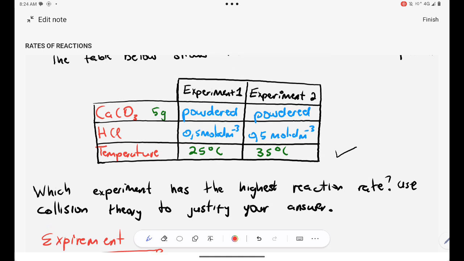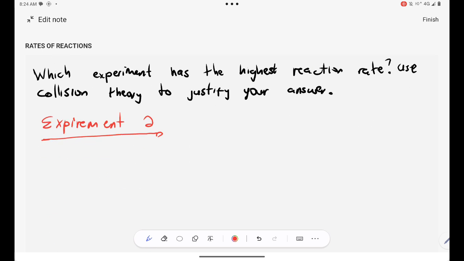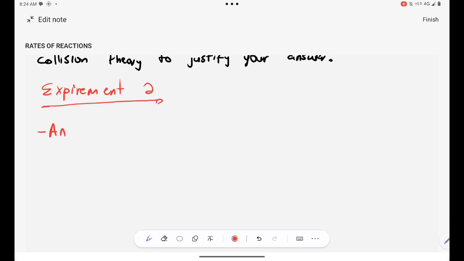Let's assume that experiment 1 was just our given reaction, and then for us to investigate, we changed our temperature in experiment 2. We increased our temperature. Now I'm answering by using collision theory.